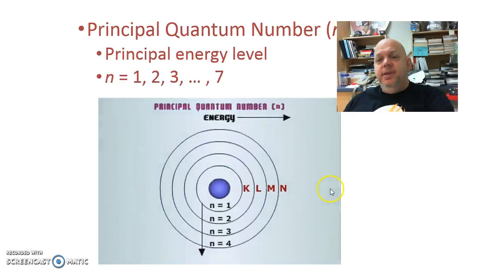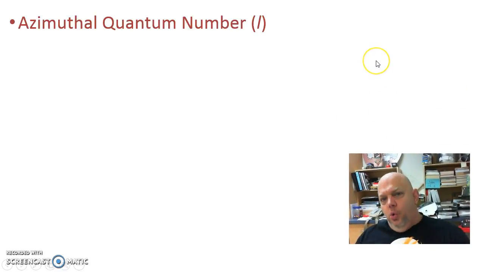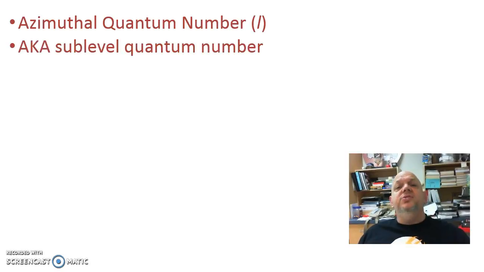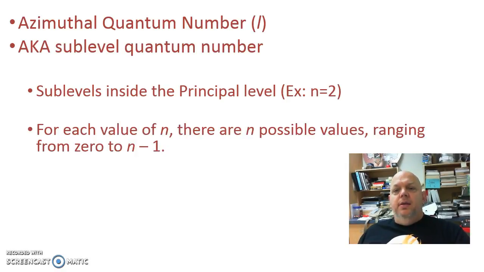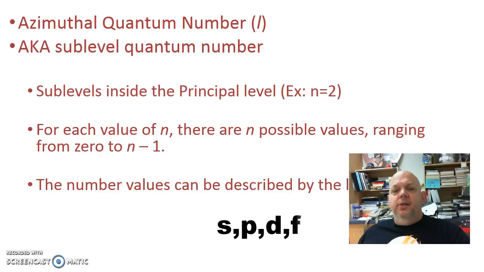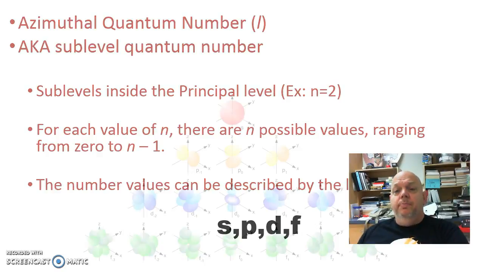Okay, now, that being said, we can also continue looking at the azimuthal quantum number. You might look at it as the sublevel quantum number, but you might remember it more easily as the letters S, P, D, and F. These values, S, P, D, and F, are what I would want you to remember.